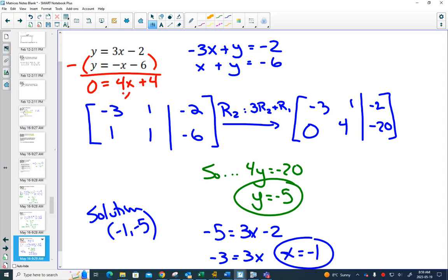And it would not be hard to get x is negative 1 with regular elimination. Perfect. Okay? And really, with a 2x2 system, this elimination technique or the inverse technique that we learned probably aren't better than the first techniques of substitution and elimination.